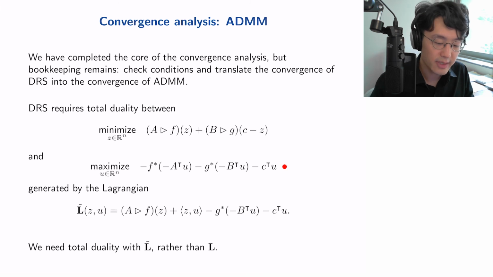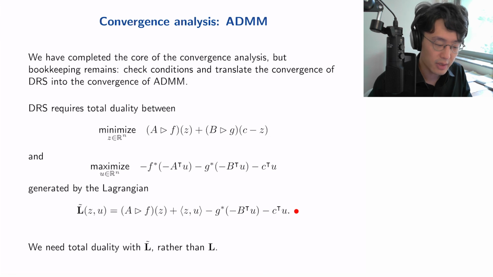So note that this is exactly the same dual problem as we had described before, but this primal problem is not the same primal problem as we had initially, the one with the linear equality constraint and without the IPC functions, but rather this is equivalent, but not the same, to the initial primal problem that we had. And consequently, this Lagrangian that generates this primal problem is also not exactly the same as the Lagrangian that generated the original primal problem.